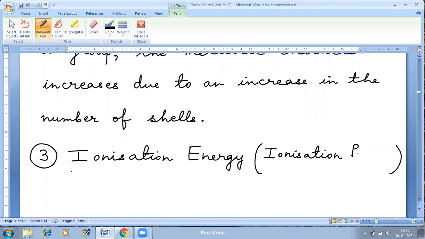Either you call it ionization energy or you call it ionization potential.